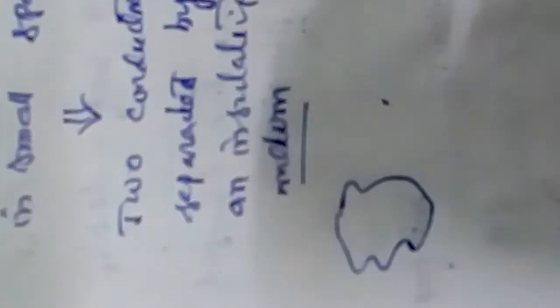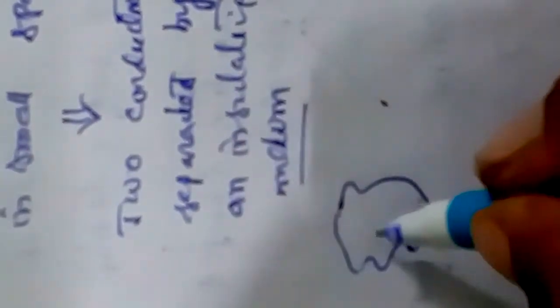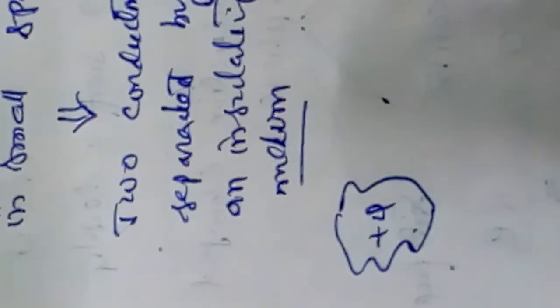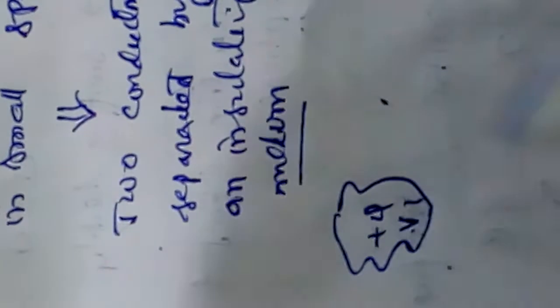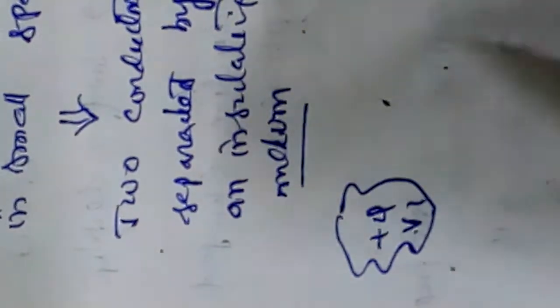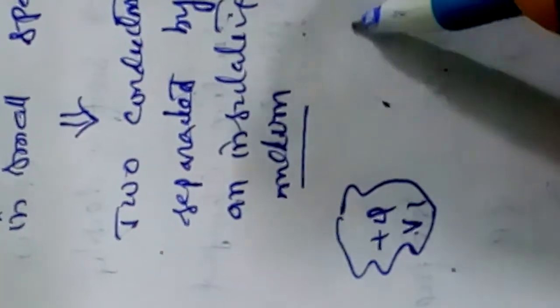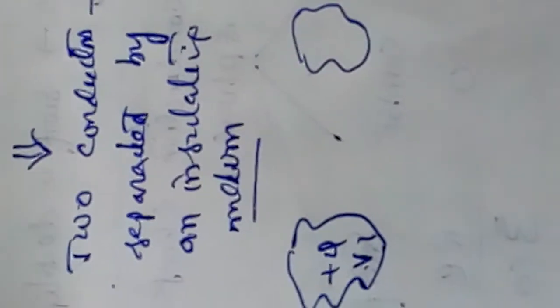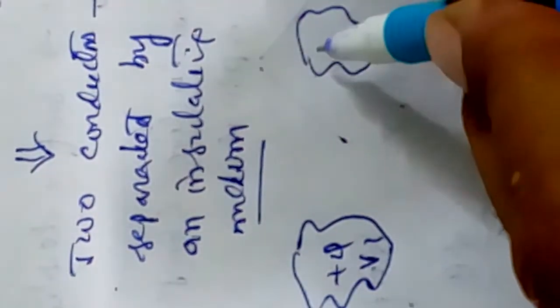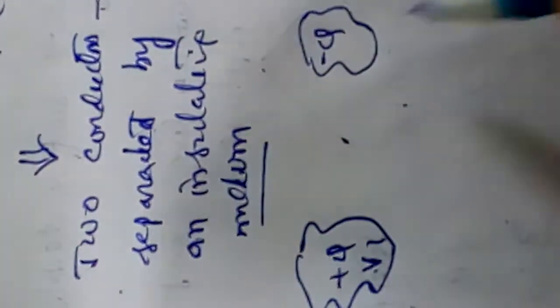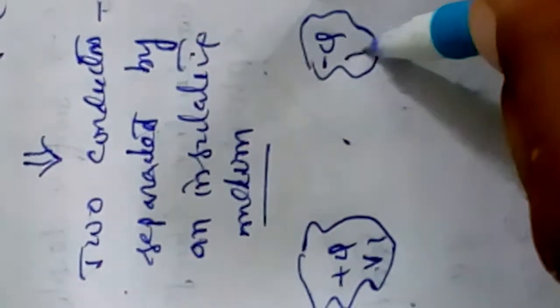Let us say I have taken a conductor. I have given positive charge to this. Its potential is, let us say, V1. Now I have taken another conductor. Let us say I have given a negative charge to this. Its potential is V2.